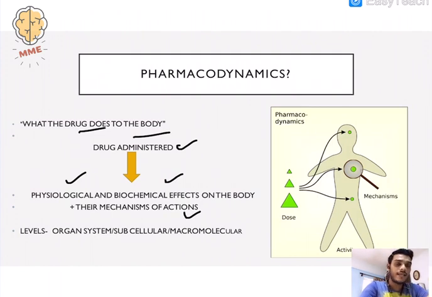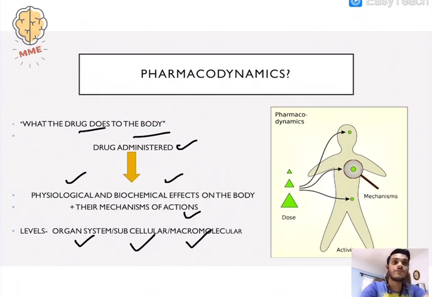Once the drug is administered, it is acting via its mechanism of action, and then it will affect our various levels. So what are these levels? These levels are our organ system level, our subcellular levels, and it also acts at the macromolecular levels, right? And by acting on these levels, what does it do? Yes, of course, it changes the physiological and biochemical states in our body, and thus carries about its desired effect.